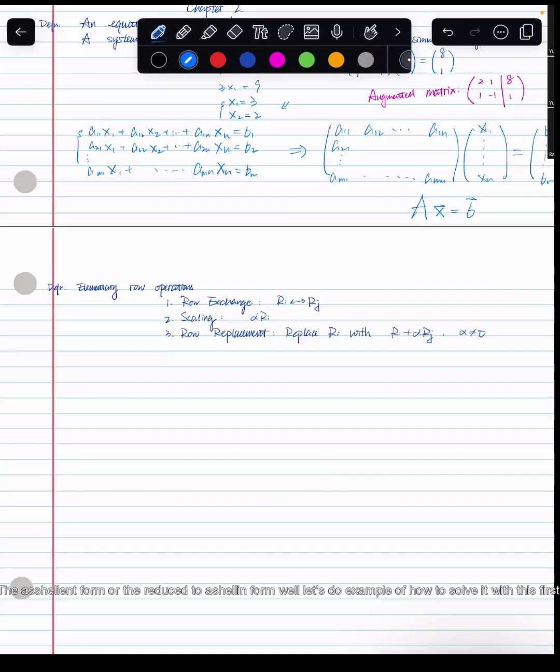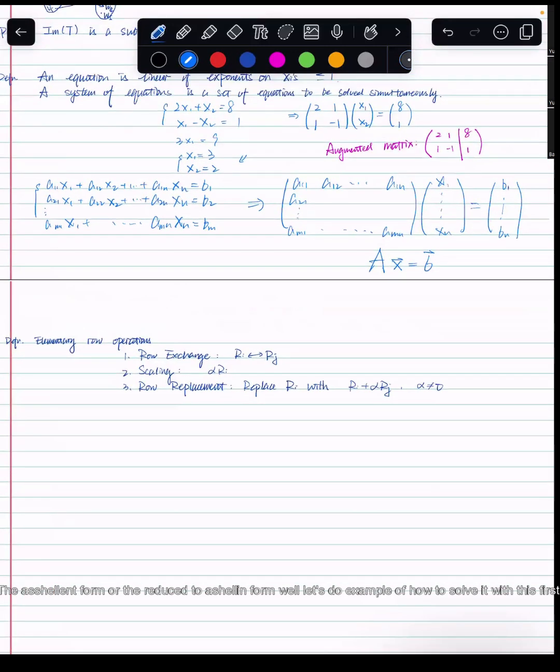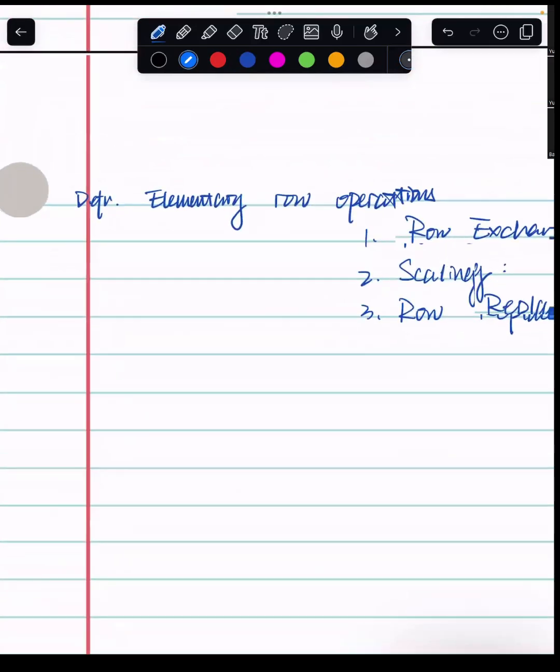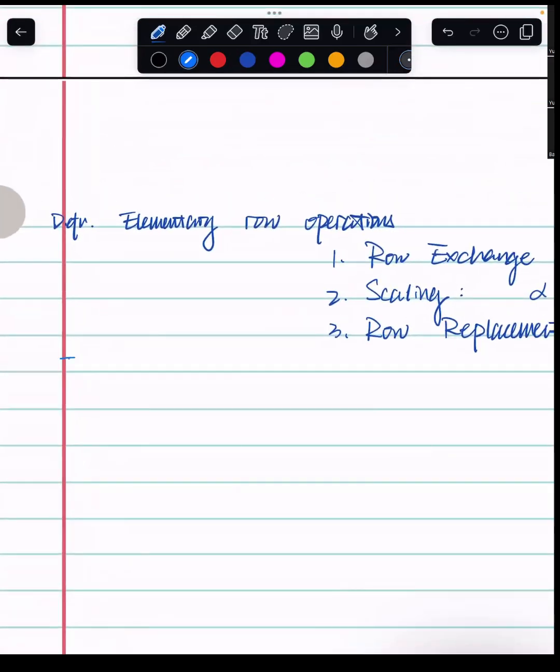But let's do an example of how to solve it with these first. Let's use our augmented matrix.